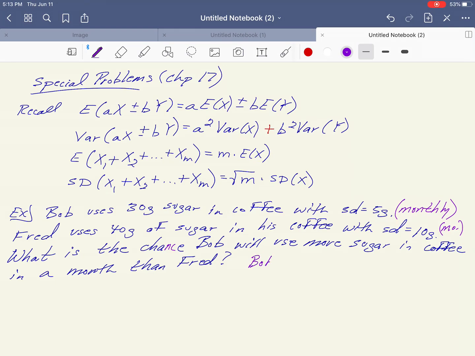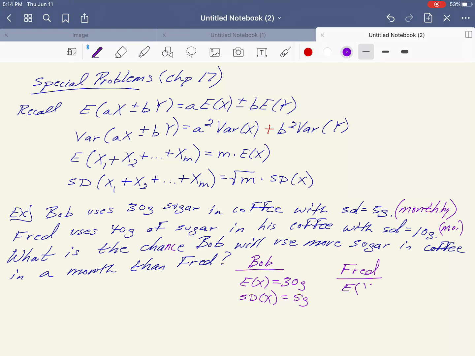So before we work this, let's write down what we know. For Bob, we're letting him be X, the expected value of use is 30 grams. His standard deviation is 5 grams.